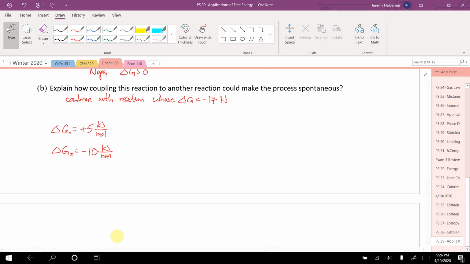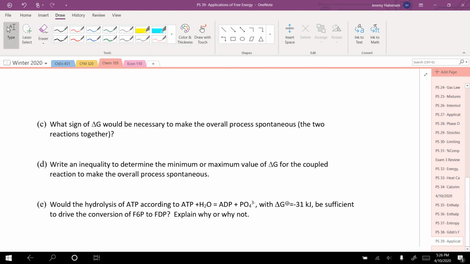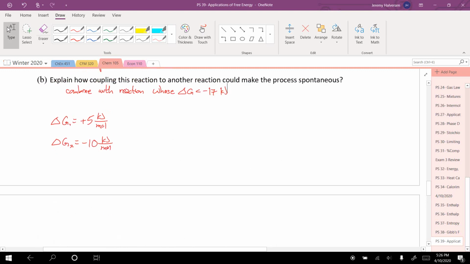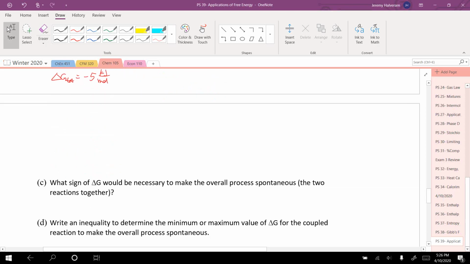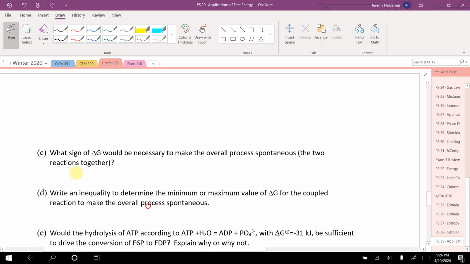That's called coupling reactions. What sign of delta G would be necessary to make the overall process spontaneous? So the two reactions together, in this case, have a delta G of negative 5 kilojoules per mole. Same idea. What sign of delta G would be necessary to make the overall process spontaneous? Together, you'd have to have a negative sign of delta G.